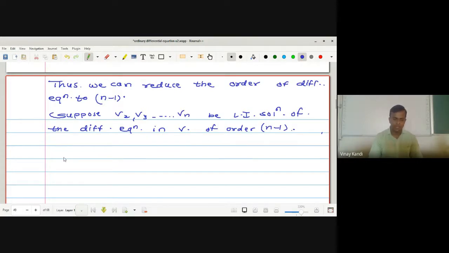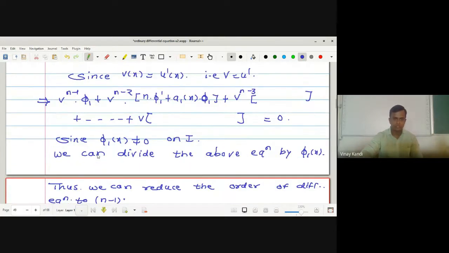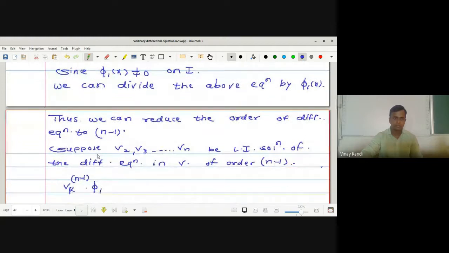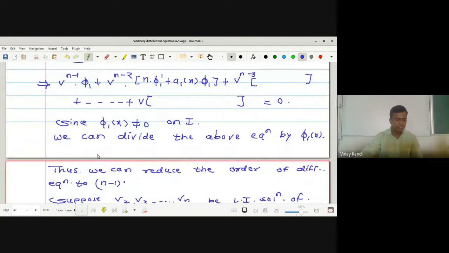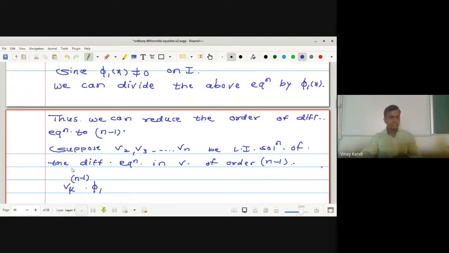Okay, so we have Vk raised to n minus 1 into phi 1.